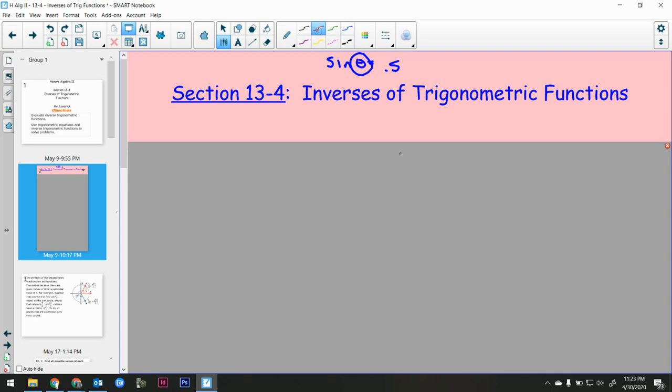In this whole lesson, section 13.4, it's all about how do we figure out what that angle is, okay? Now, this is going to be a long video, but the next video, the second day of this week, is really just going to be going over the key concepts and then giving you another assignment, okay? So this is going to be a longer one, but the next one's not going to be too bad.